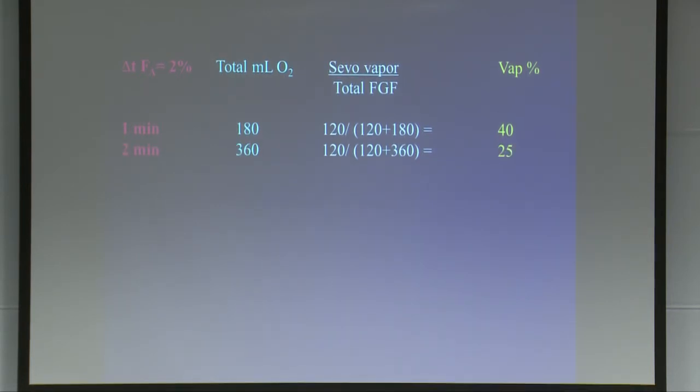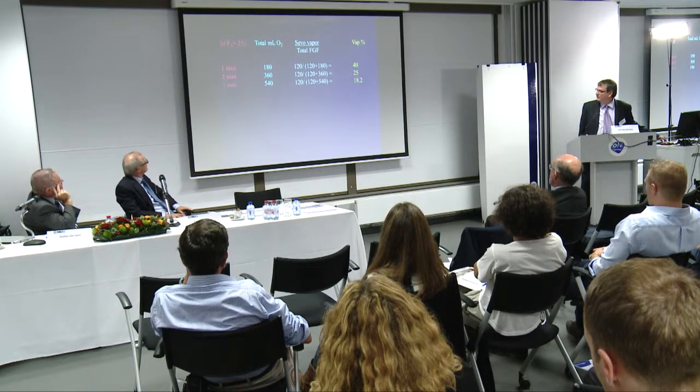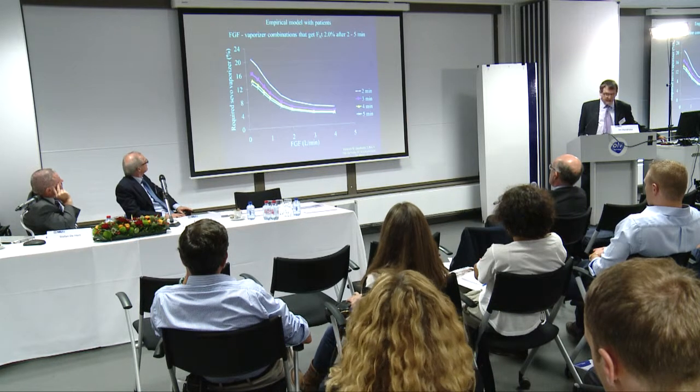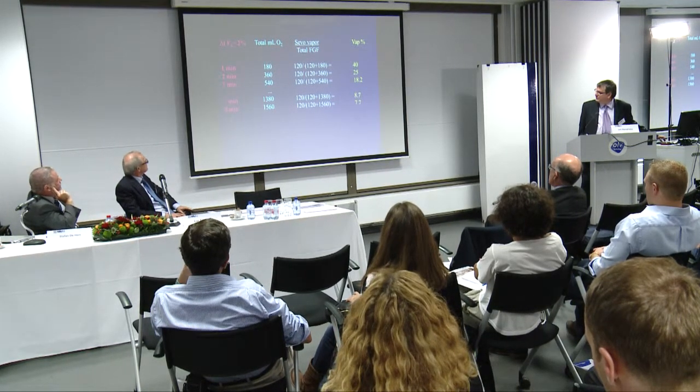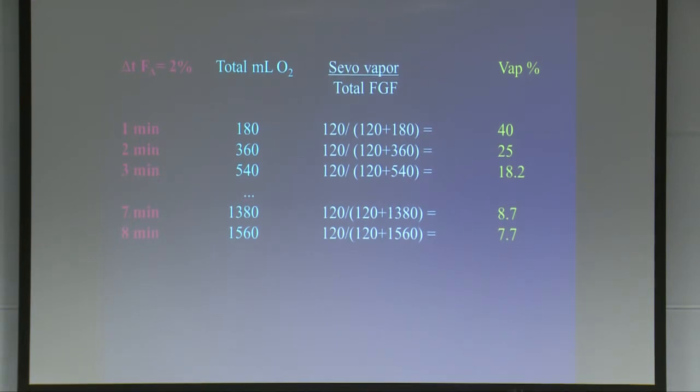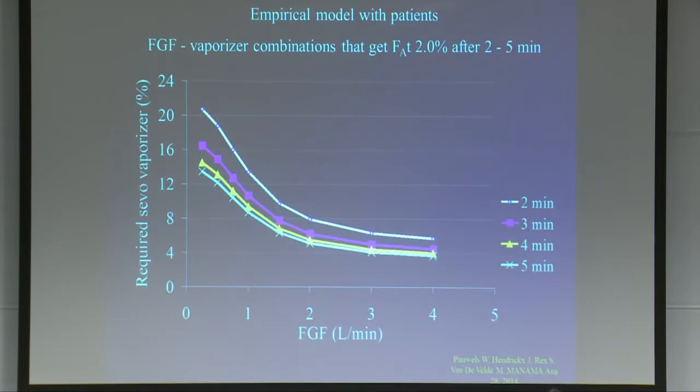Maybe I can wait 2 minutes, then I have 360 mLs of oxygen in which I can put 120 of Sevo. Well, then I need a vaporizer that gives me 25%. No can do. And we can go on like this. And you see, it's only after 8 minutes that the vaporizer will get you to 2%. And that doesn't even include the amount taken up by the patient.